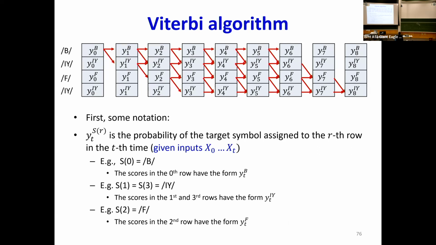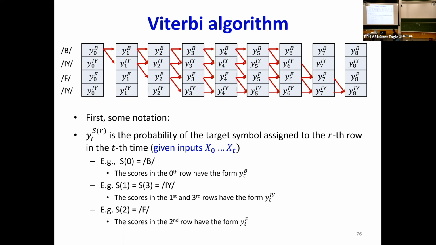So here's what I would do. Here, I've just thrown some notation. If I have something like B phi, then I'm using the symbol R to represent the index of the row. So this is R is 0, R is 1, R is 2, and R is 3. So SR is the symbol in the rth row. So S0 is going to be B over here, S1 is going to be E, S2 is F, and S3 is E, okay?